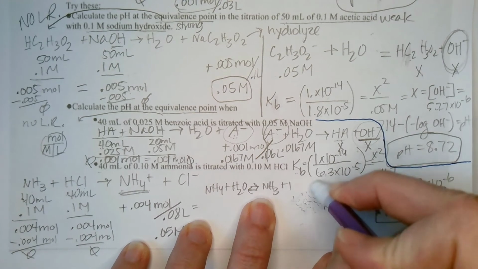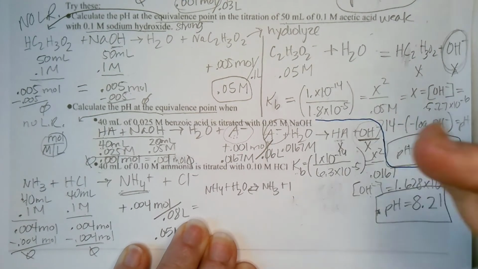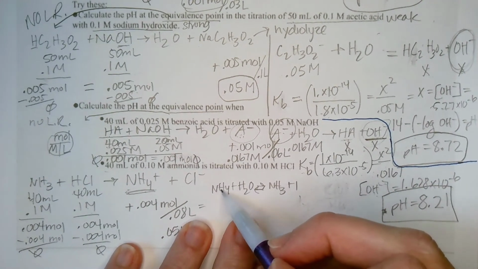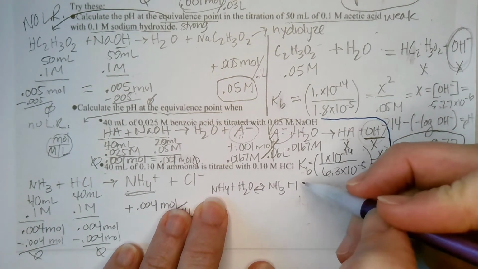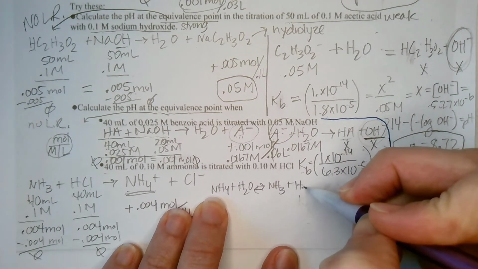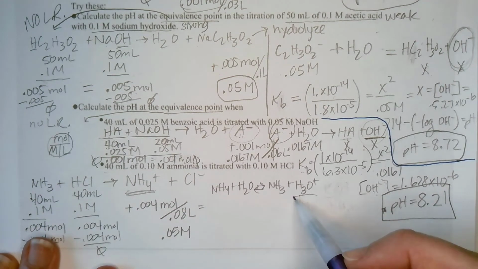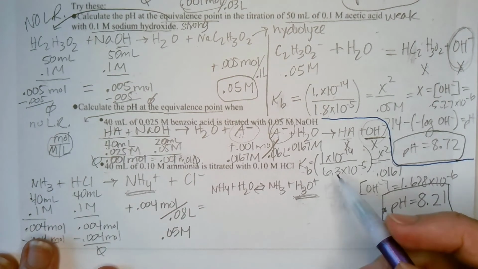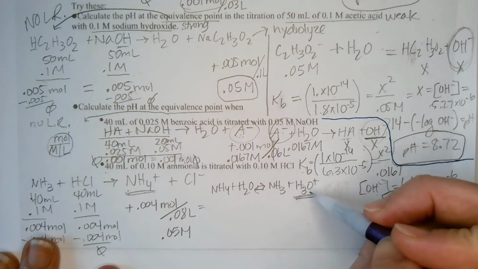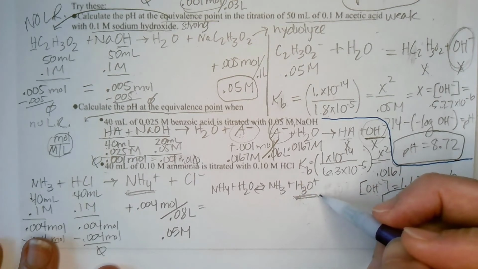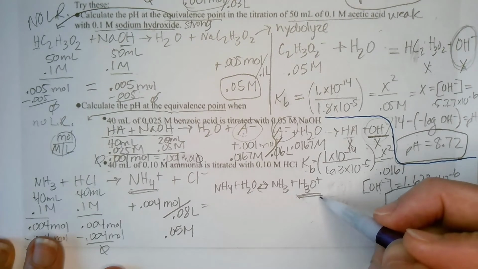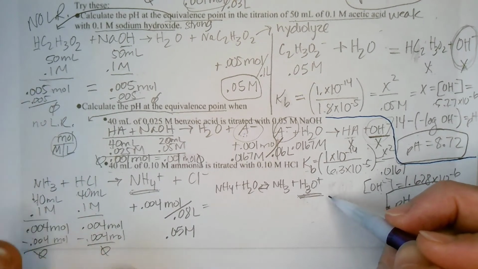I'm going to erase this from my last one to give me a little bit more room. This is my NH3 and H3O plus. So we can see that I am forming extra hydronium, my H plus, my H3O plus. So I'm going to have a more acidic solution at my equivalence point.